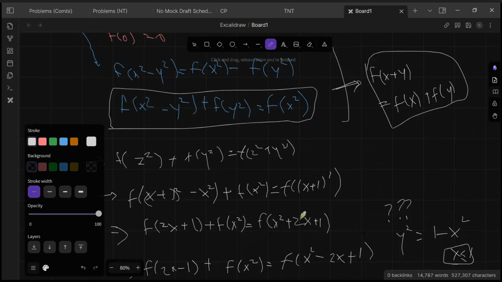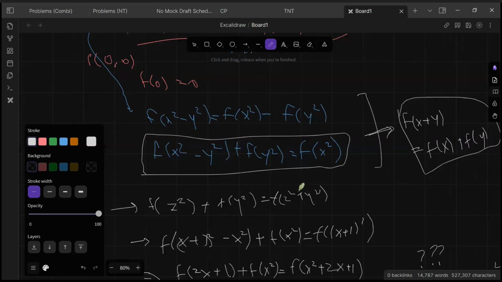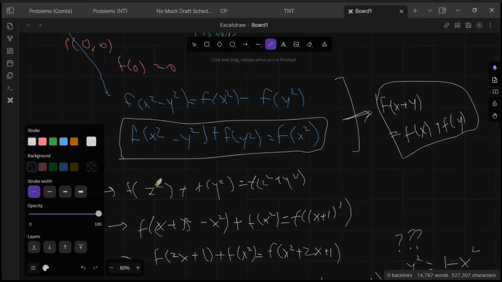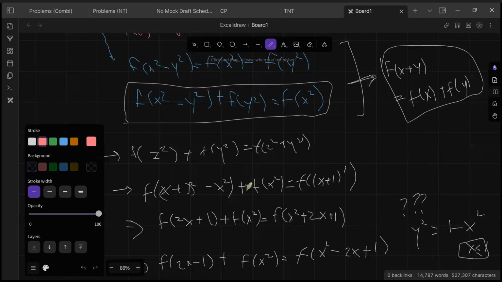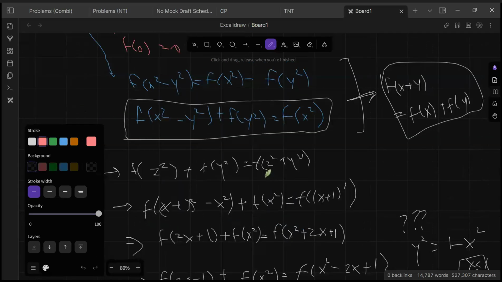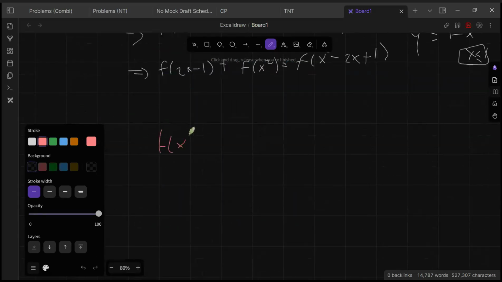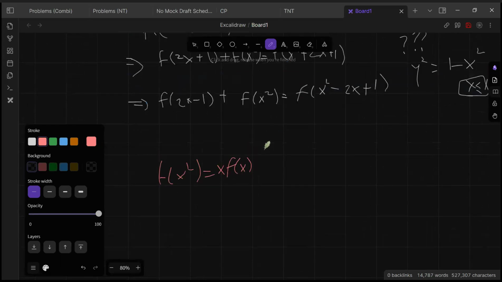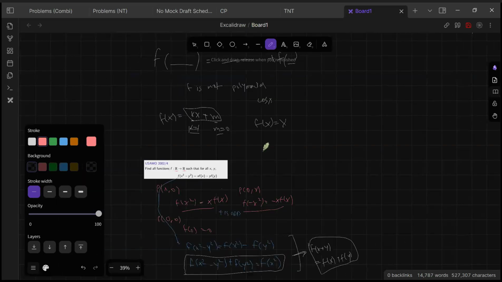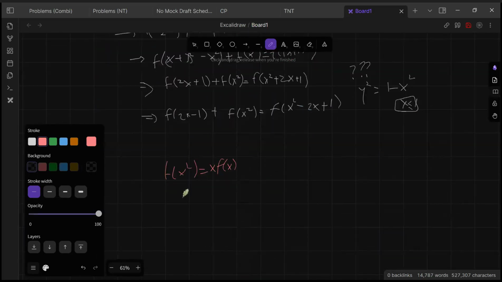Okay, wait, repeat that again. f of x squared is x f of x. And now divide by x squared on both sides. How do we get that g of x is constant?